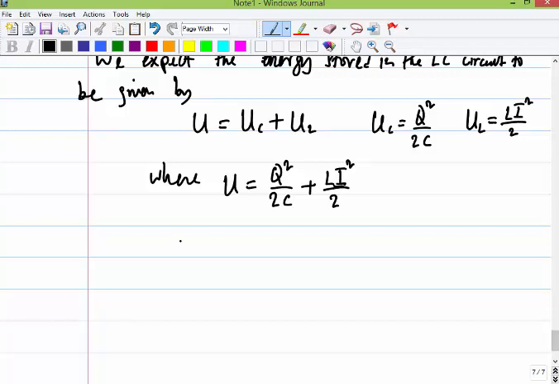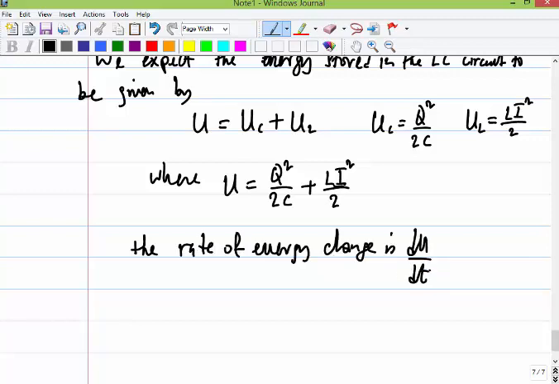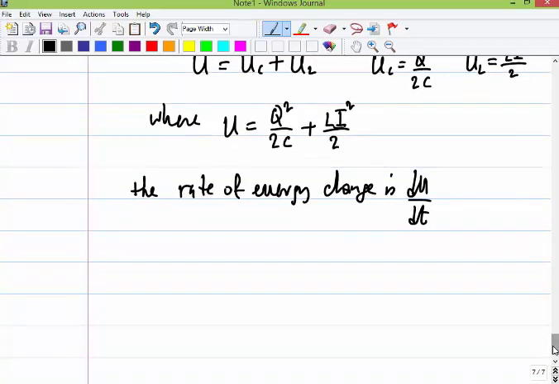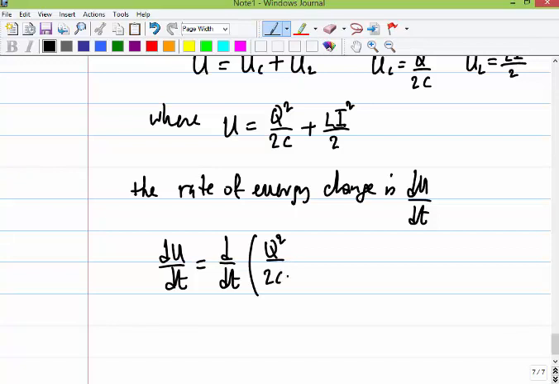The rate at which energy is changing, the rate of energy change, is dU/dt. So if we take the derivative, dU/dt is equal to d/dt of Q squared over 2C plus L I squared over 2.